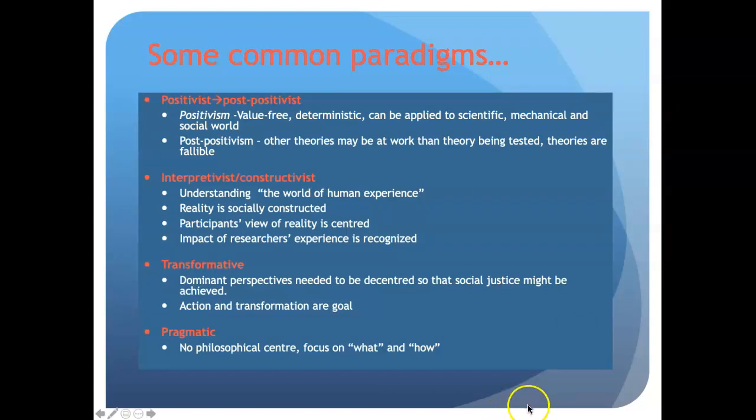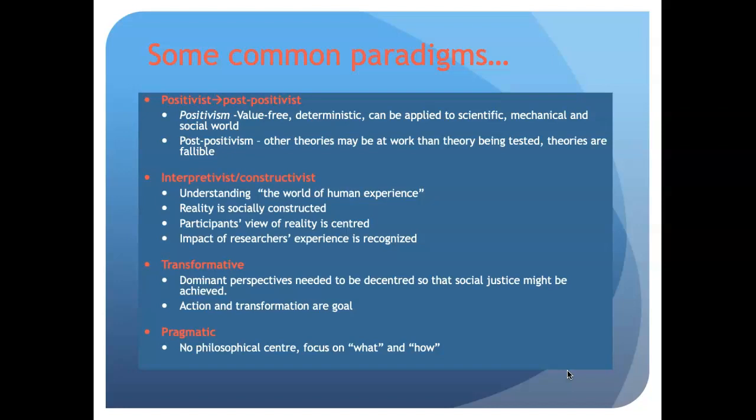Some of the most common paradigms are first positivist, post-positivist. And a positivist paradigm is deterministic in the sense that causes determine effects. So for example, if you lower the temperature to 0 Celsius, the effect will be that the water will freeze.